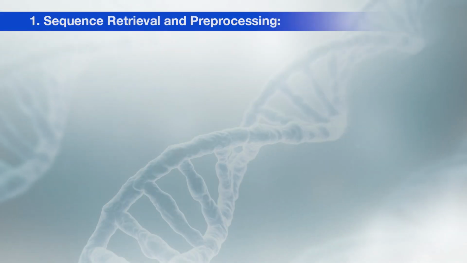So, in this lecture we will be understanding the different pipelines for protein structure prediction. Let us see the overall outline of a typical pipeline for a protein structure prediction method, highlighting the key steps and methodologies involved. So, the first is sequence retrieval and pre-processing.